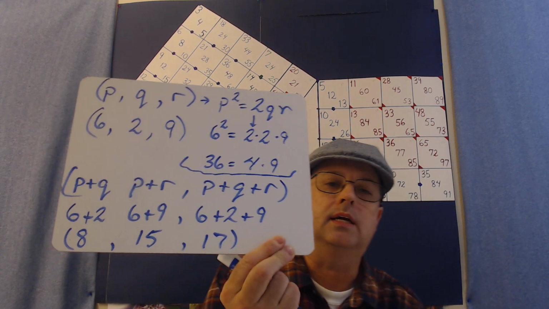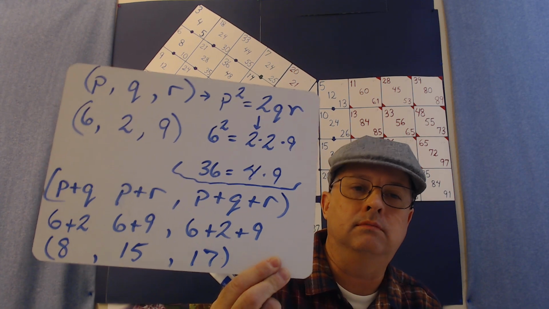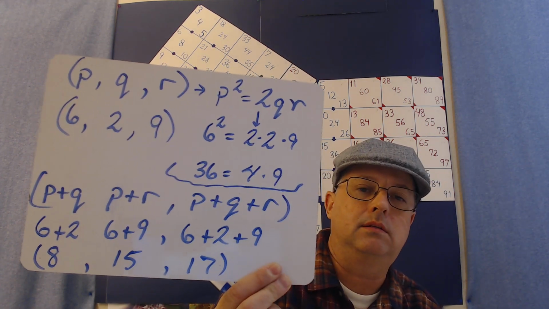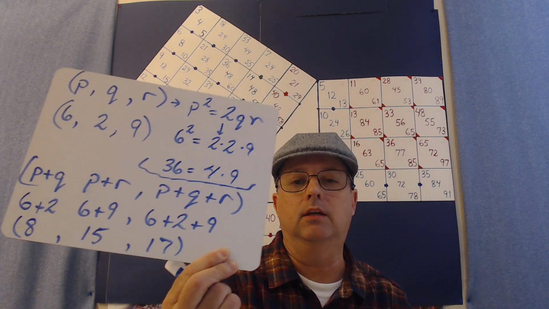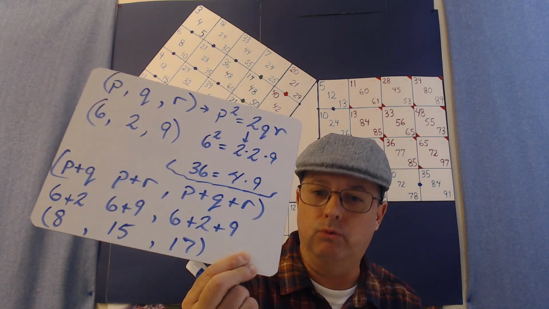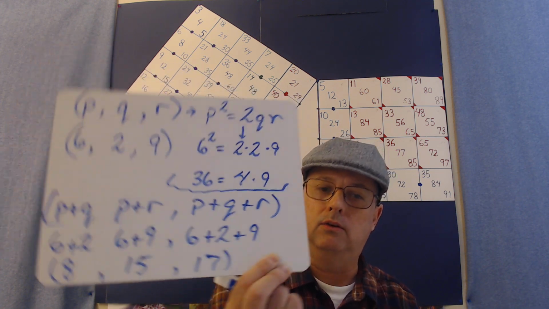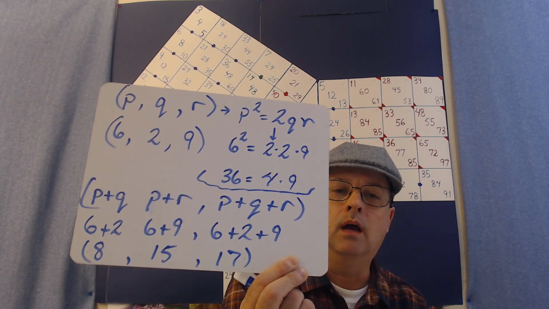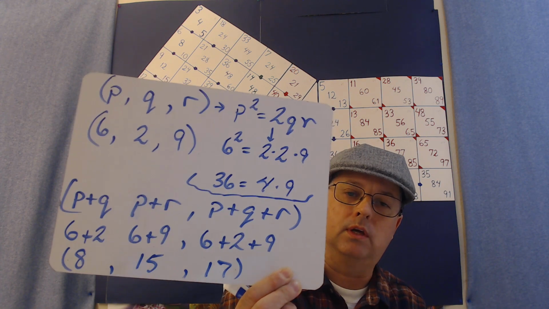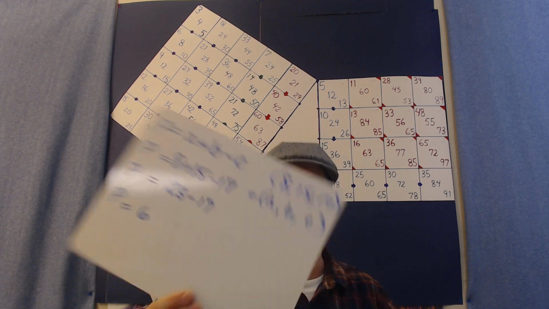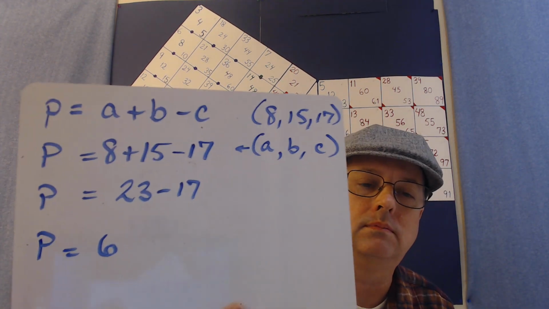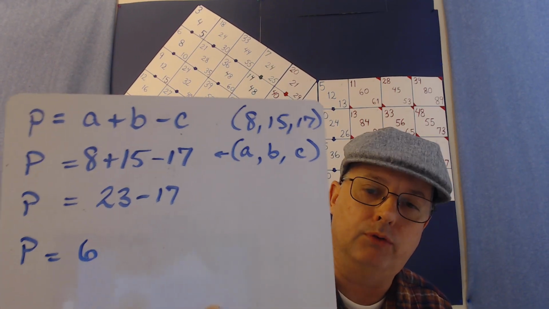Okay, and that's what we had here, right? I chose P to be 6. So now we were thinking that I just kind of chose 6 and made the other numbers work. No, actually it's not that way. You don't just pick numbers that work for the condition. You actually pick the numbers according to this formula. And then it will work every time.